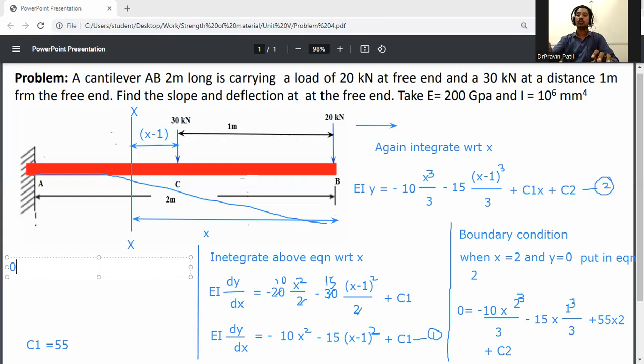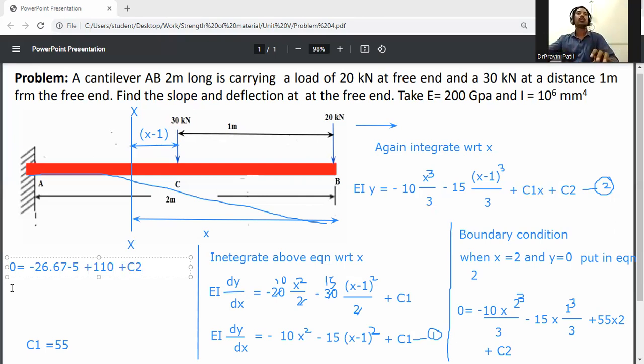0 is equal to 2³ divided by 3 into 10, which is 26.67, minus 26.67, then 15 times 1/3 is 5, minus 5, then plus 55 into 2, so it will be 1110, plus C2.